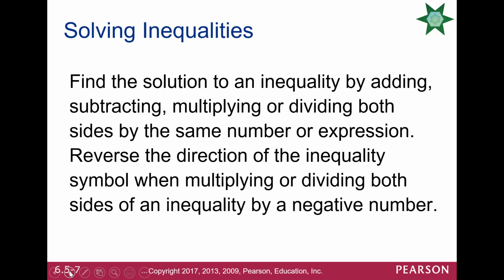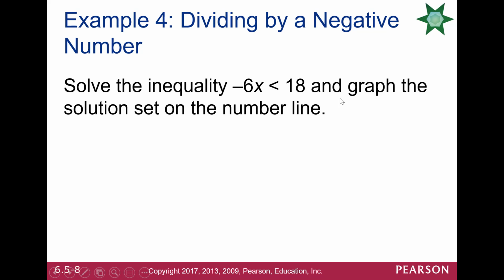Now you're going to find a solution by trying to solve for x, and if the coefficient of x is negative, the inequality sign is going to reverse direction. For example, if we have the quantity negative 6x is less than 18 and we're going to solve it and graph it, the first thing we're going to do is divide both sides by negative 6.